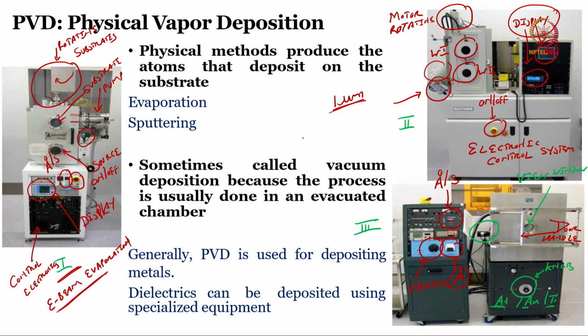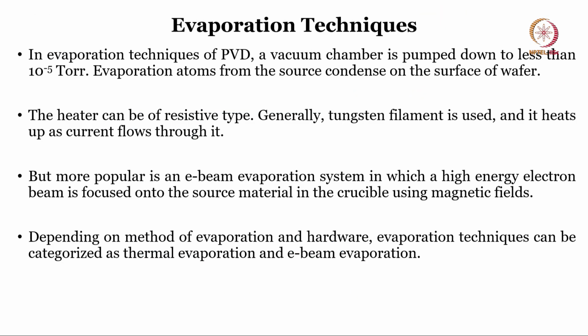Now, let us go to the next one. Let us read once again to make sure what I have told you and what is written matches, and it is also helpful, because when we read again and again we memorize it. In evaporation techniques of physical vapor deposition, a vacuum chamber is pumped down to less than 10 to the power minus 5 torr. Evaporated atoms from the source condense onto the surface of the wafer.